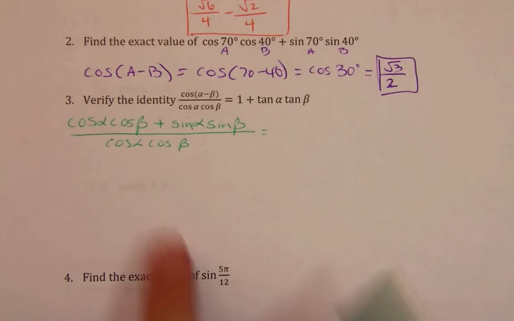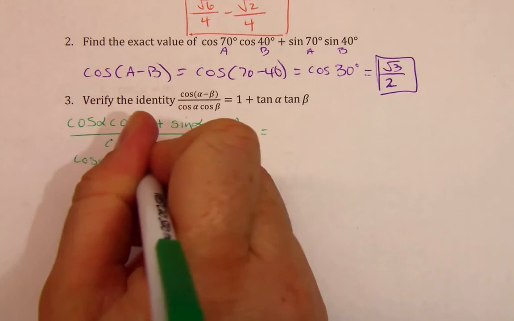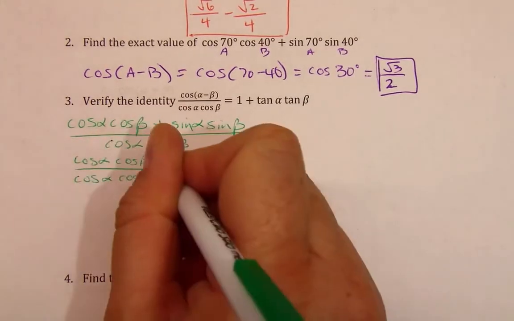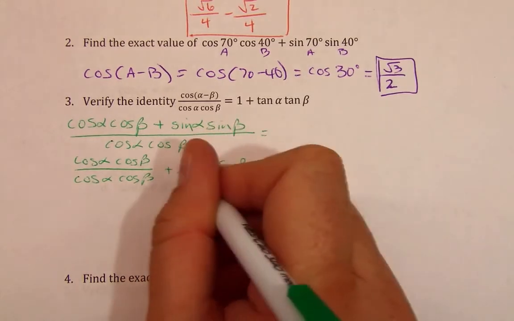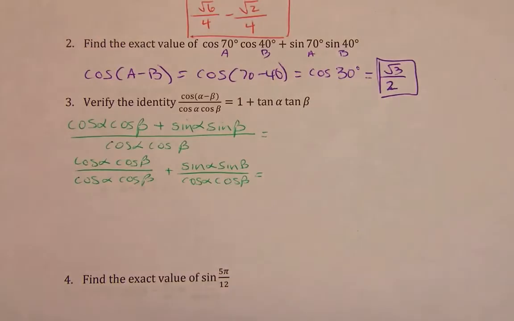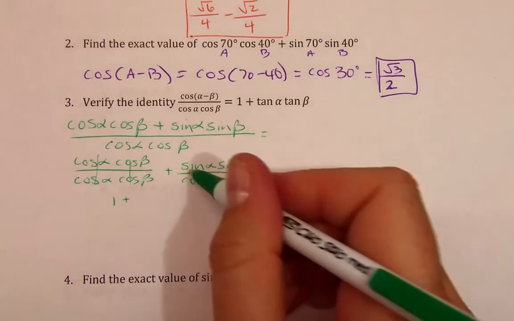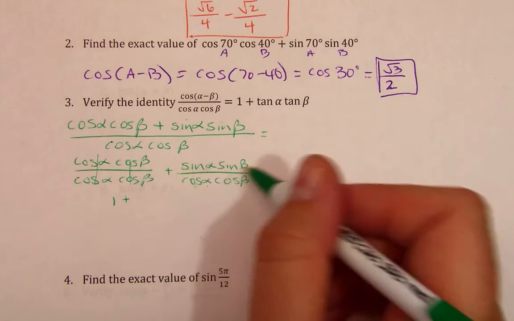And from here we can separate these fractions. And this cancels and cancels, so we just have 1 plus, and because these are the same angle, can be tangent and tangent.